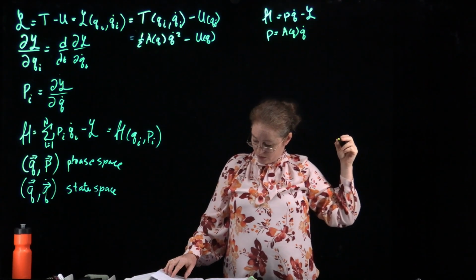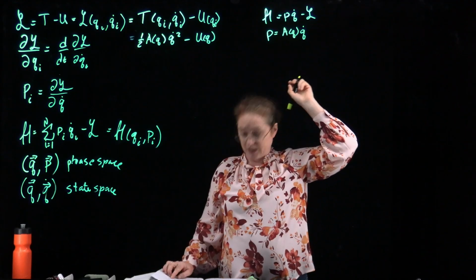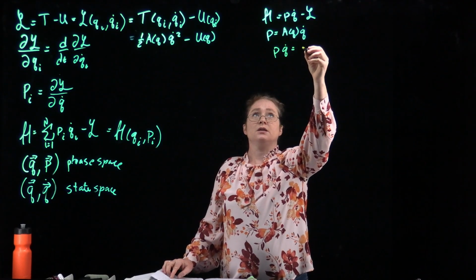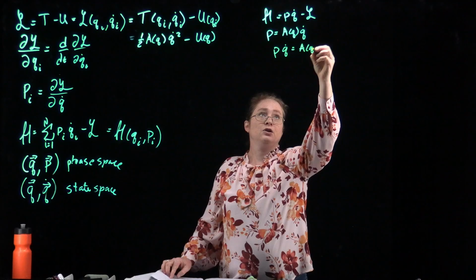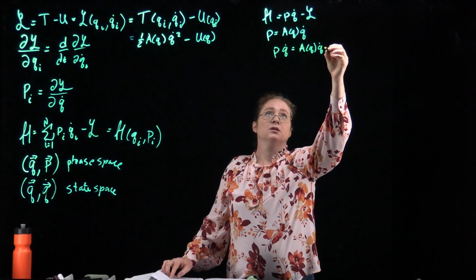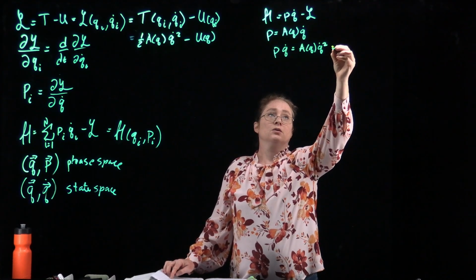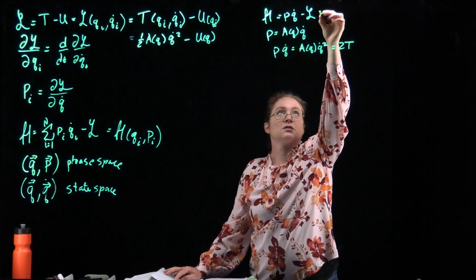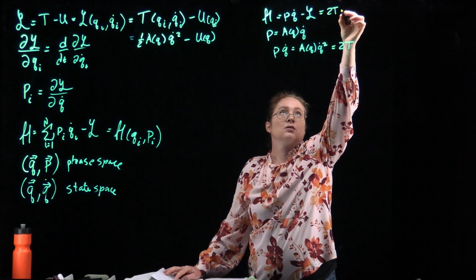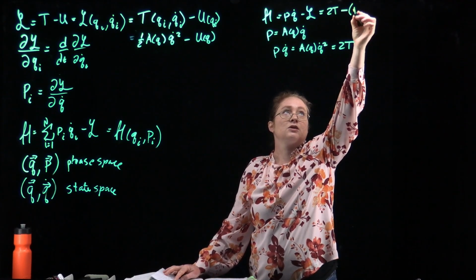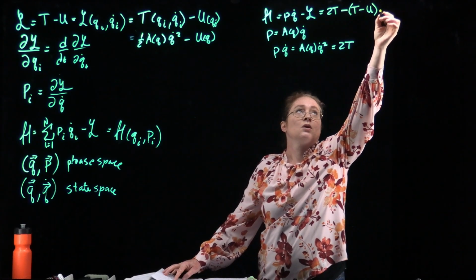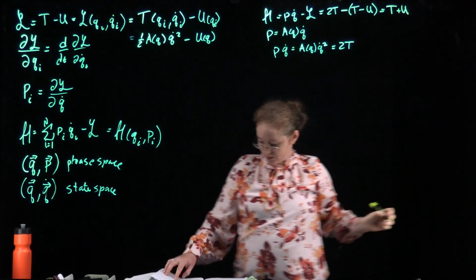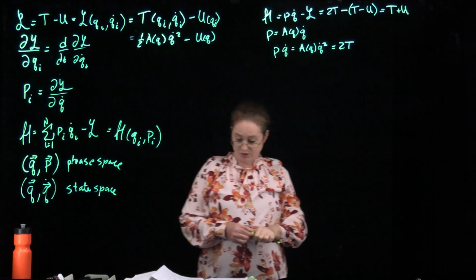And then this term here, p q dot, is equal to A of q, q dot, times q dot, which happens to be equal to 2T. So in that case, this is 2T minus the Lagrangian, which is T minus U, or this works out to be T plus U, the kinetic energy plus the potential energy.